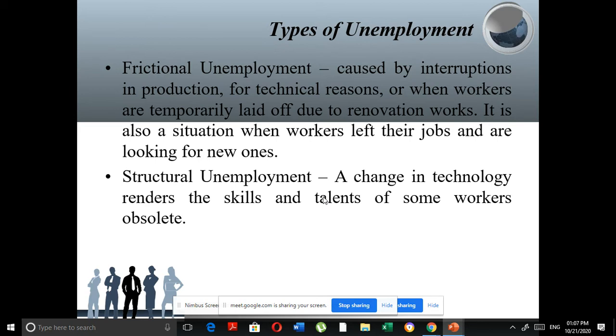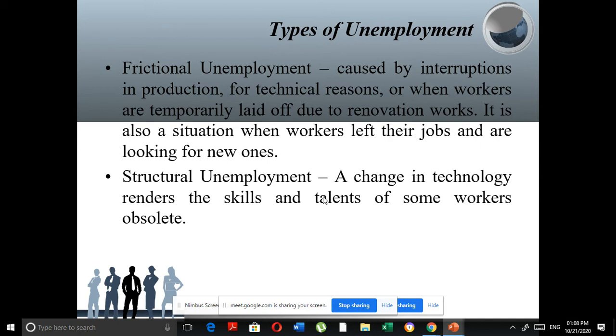Why? Because frictional unemployment is a normal movement of workers from one job to another for technical reasons, for some interruptions in production, for some renovation works, and so on. There are many situations when workers leave their jobs and are looking for new ones. That we call frictional unemployment.